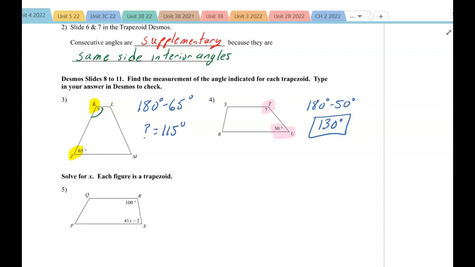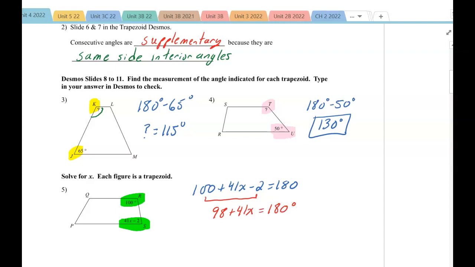So knowing that, we now can create an equation for problem number 5. These two angles add up to 180 degrees, so the equation would be 100 plus 41x minus 2 is equal to 180. I'm going to combine these like terms, so 98 plus 41x is 180 degrees.